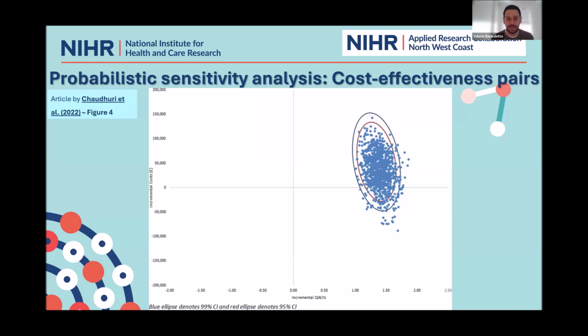So looking at our example economic evaluation, going back to the advanced Parkinson's disease paper, here you have the different combinations of incremental cost and incremental qualis.